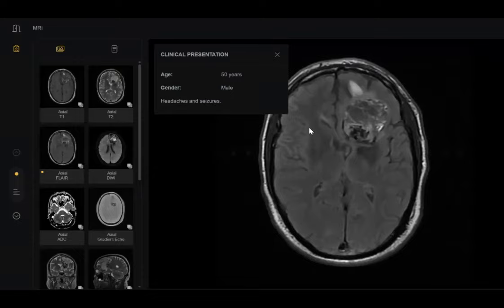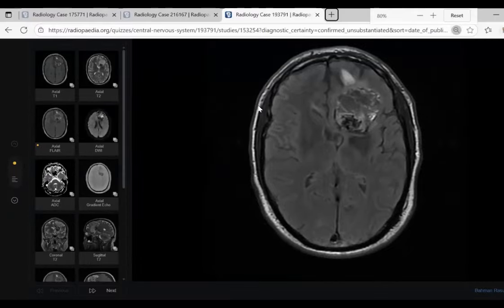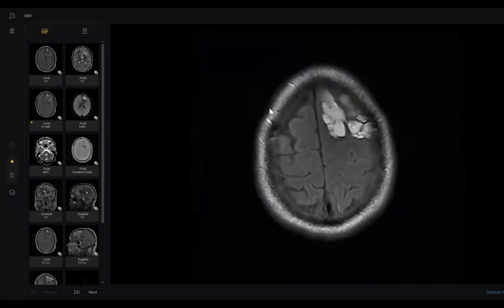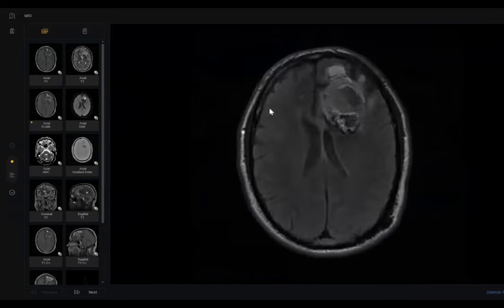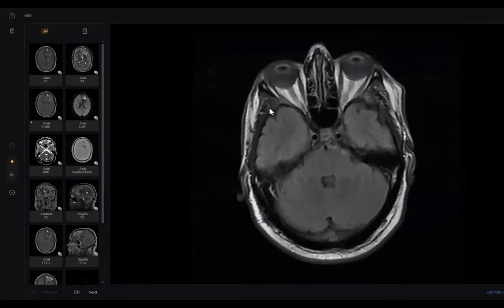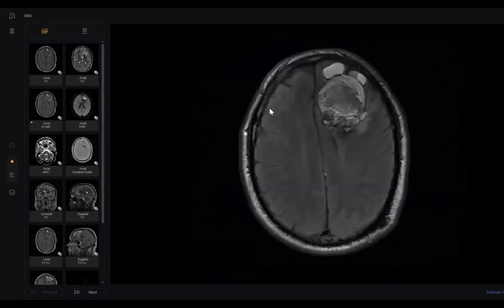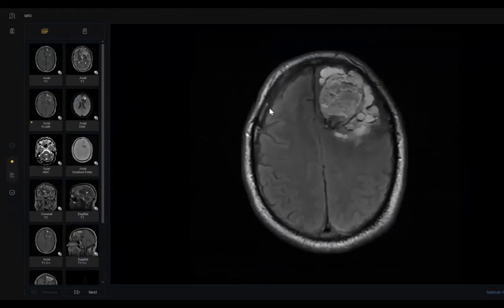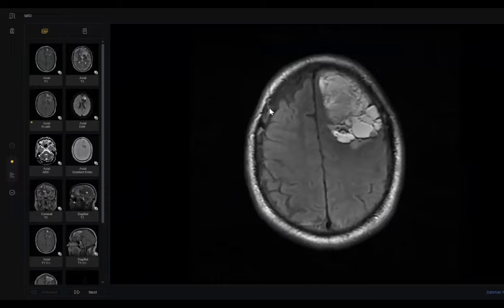Doctor, this is a 50-year-old male patient presented with sudden headache and seizures. Okay, I am provided with the MRI axial images of an adult patient in which I can appreciate a heterogeneous mixed intensity mass in the left frontal region causing mass effect on the frontal horn of the left lateral ventricle.